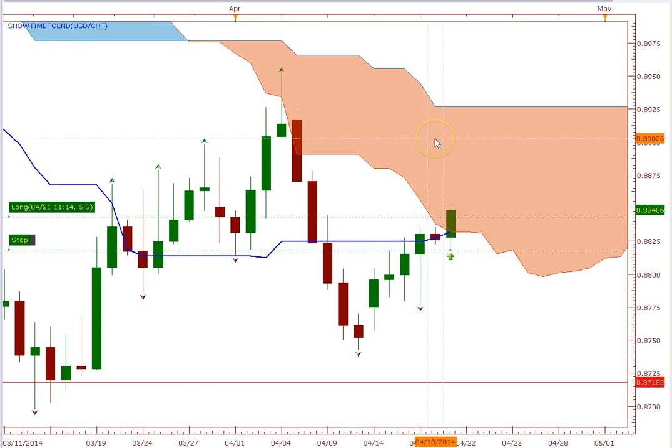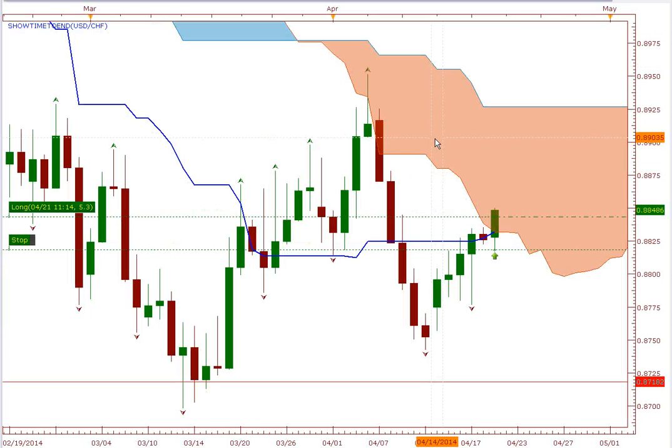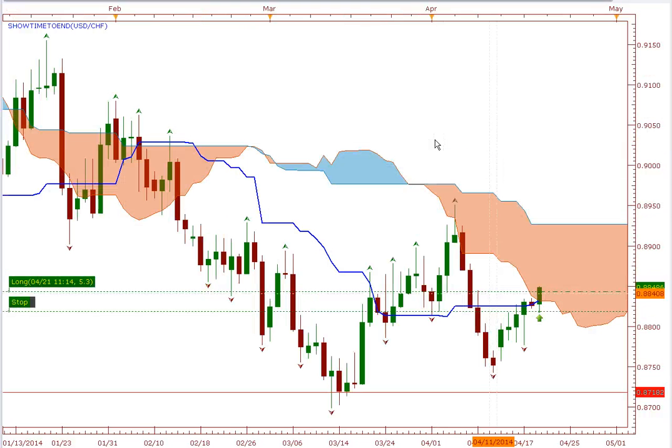All right, so we're looking at the daily dollar Swiss franc, and you could see on the daily time frame we made a low, then we made a higher low. So we're expecting price to make a higher high now, and if it does that, that means we're in a trend, and it looks like maybe we are starting the trend, because you got this low, then you got this lower high, higher low.